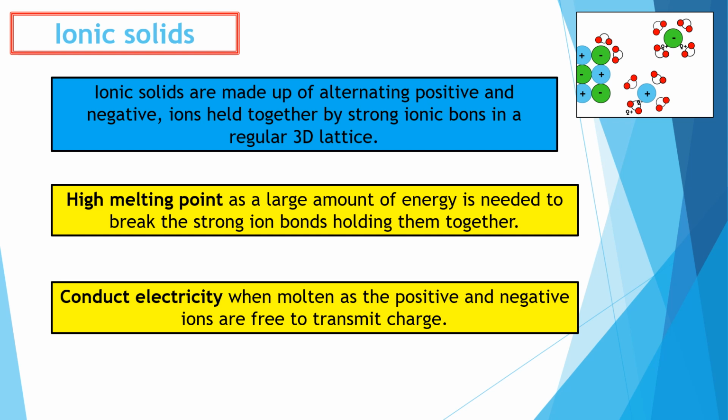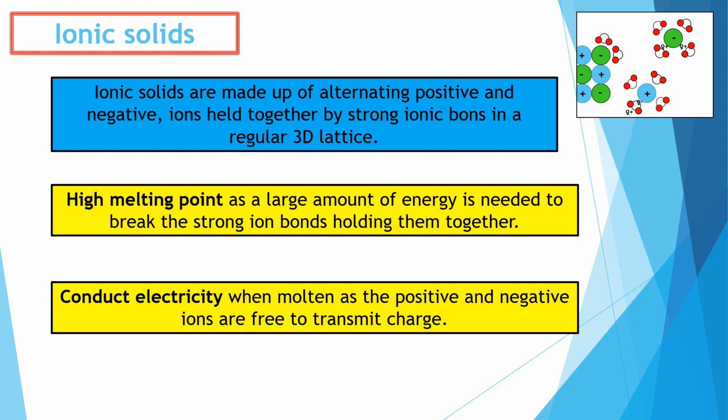Because the particles are ions and ions are charged particles, negatively or positively charged, they can actually move to a positive or a negative side when an electrical current is put to them. So they can conduct electricity, but only when they're liquid.